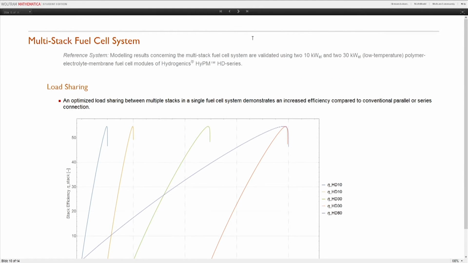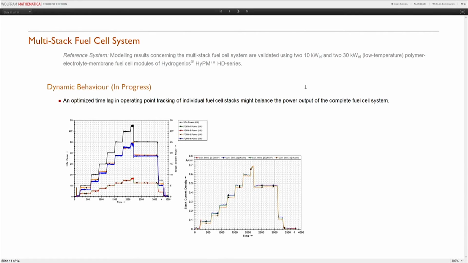Because of time, I will just briefly mention that we saw this dynamic transient response of one of the fuel cells. It's not that good to see, but here we have, with the black line, the power output of the complete multi-stack fuel cell system, and all of these curves are the power output of single ones.